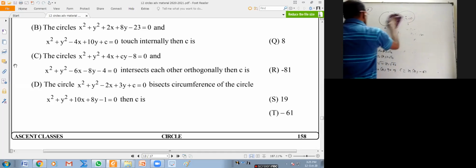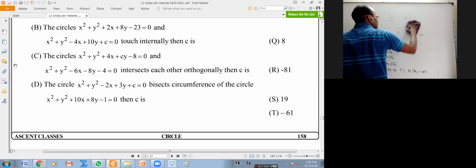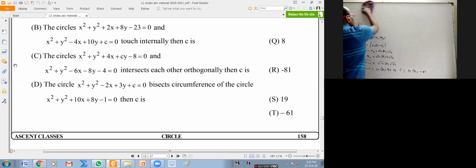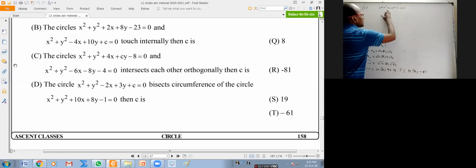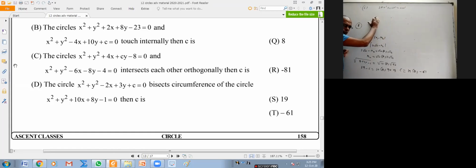All right, I'm erasing this. Okay, see it. The circles intersect each other orthogonally. So just apply the orthogonality condition: 2g dash plus 2f dash equal to c plus c dash. 2 into minus 3 minus 12, 2 into minus 4 into c by 2.